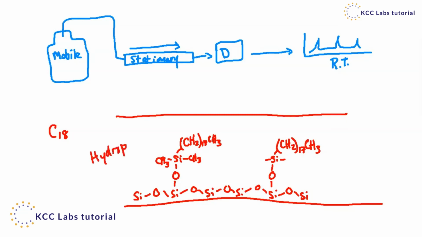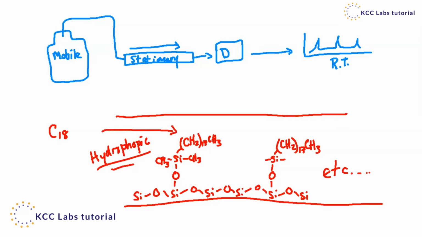And it would go on where throughout the column you would have this type of binding site. And as the materials come through, they interact through intermolecular forces with these long chains that are hydrophobic, and that adheres your organic materials to the column, and the mobile phase will push them along.